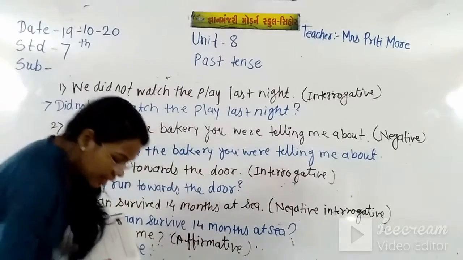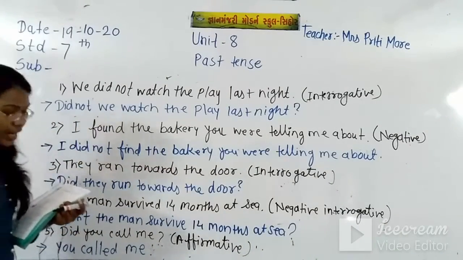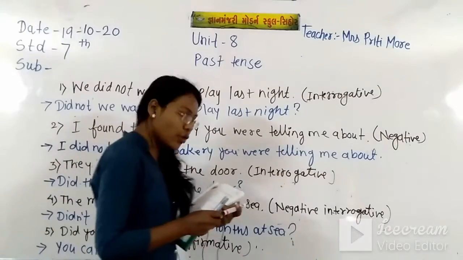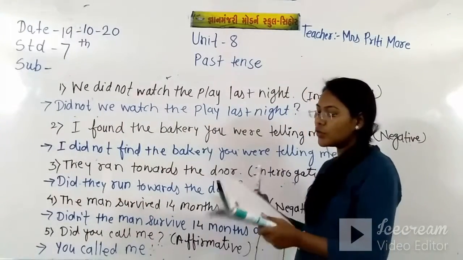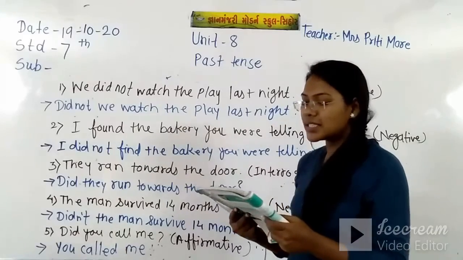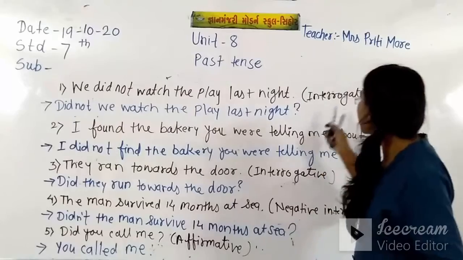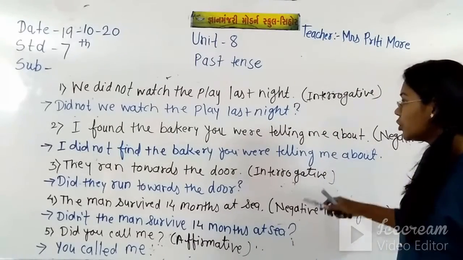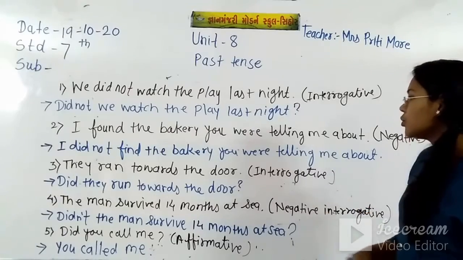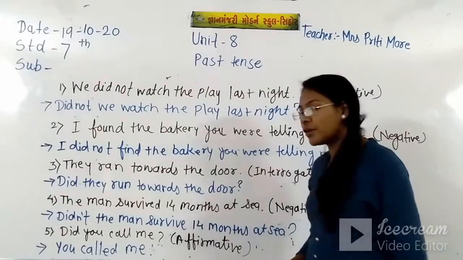So here we have completed the practice exercise, and focus is your homework, right? So here we have converted the sentences as instructed in the bracket. In the first sentence we made the interrogative, second sentence we made negative, third one interrogative, fourth one negative interrogative, and fifth one affirmative.